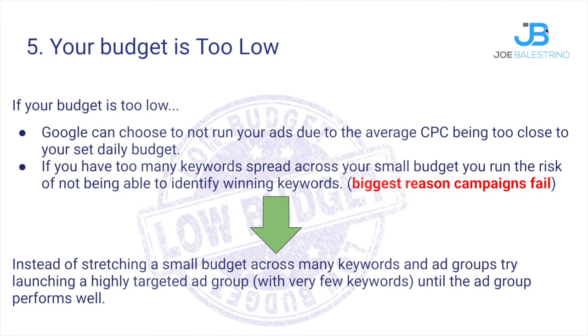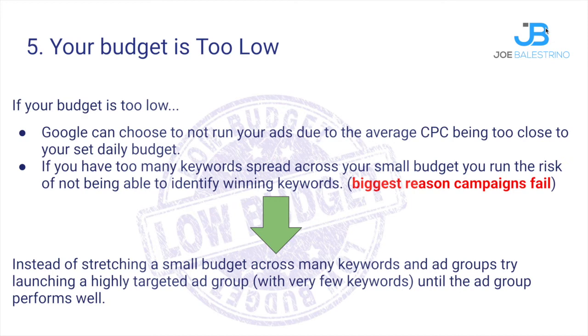If your average CPC is $3 and you spend $10 a day and you have 100 keywords or 20 keywords, the problem is your budget is so close to your daily spend that Google will either decide to not run your ads at all, because it's going to say, well, your cost per click is too close to your daily budget and we could easily go over that.